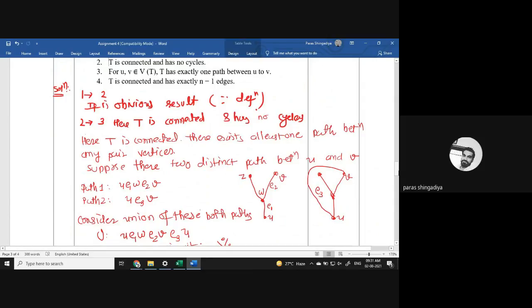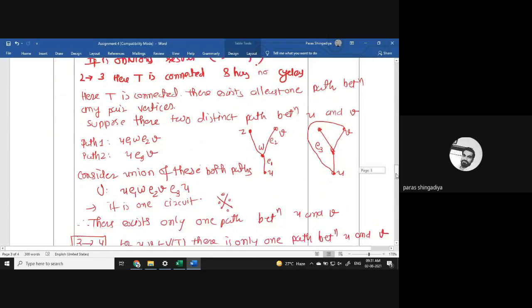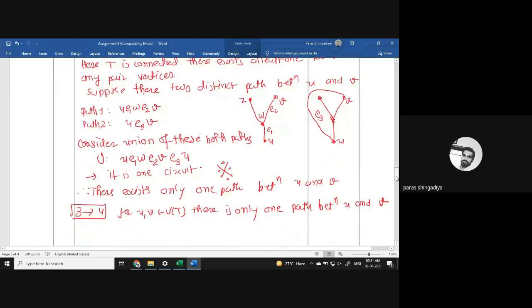Okay, so here first we'll check that it is a connected graph. When we say connected graph, the meaning is there exists at least one path between every pair of vertices. ठीक है, तो यहाँ पे एक path तो exist हो रहा है in our result.